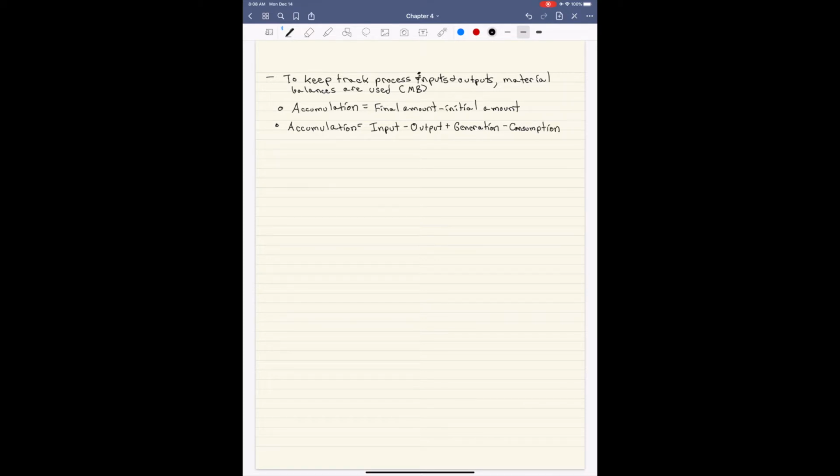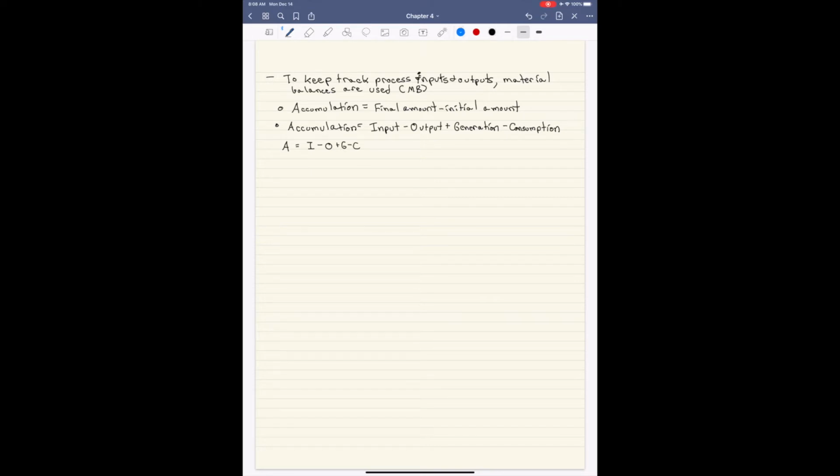And so this is true generally for open systems. All right, and so one way I'm going to shorten this is by saying A for accumulation is equal to input minus output plus generation minus consumption.